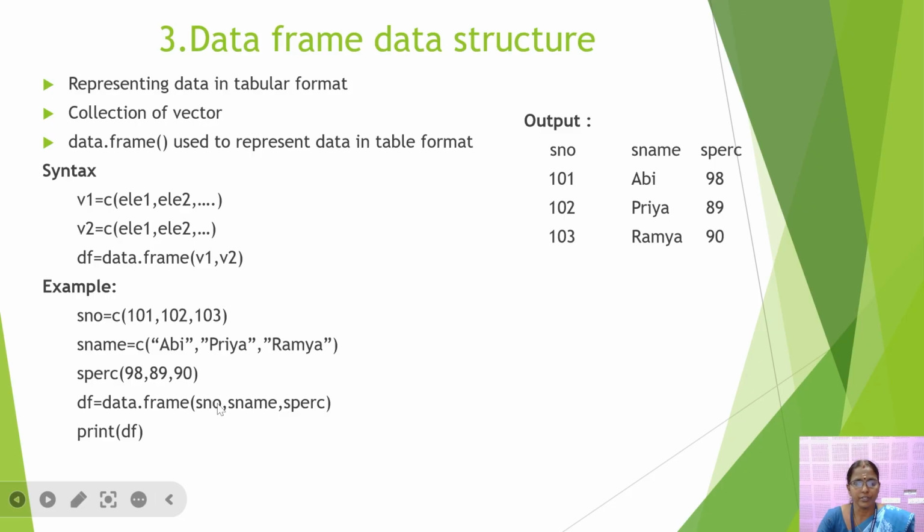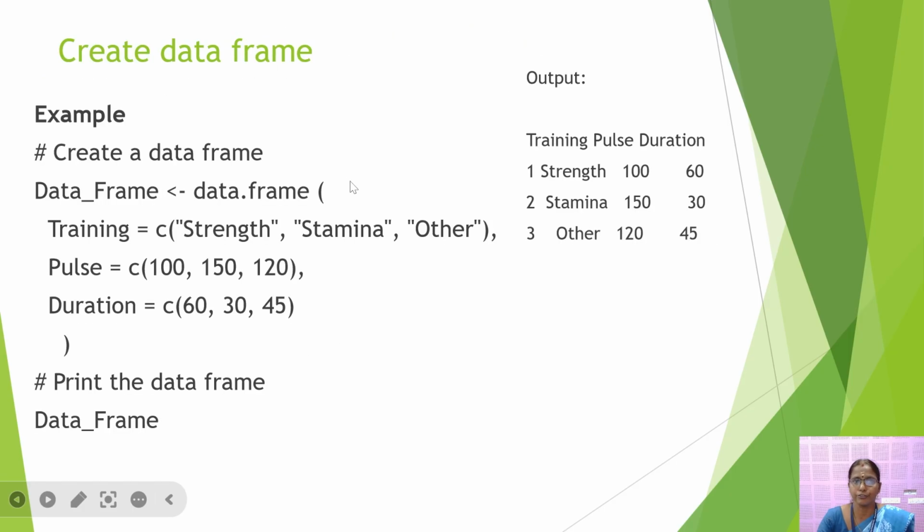So first all those elements are displayed in columns. The first vector student number, with the values 101, 102, 103. All those vector elements are represented column-wise. Okay, so data frame can be used to represent the data in a tabular format.